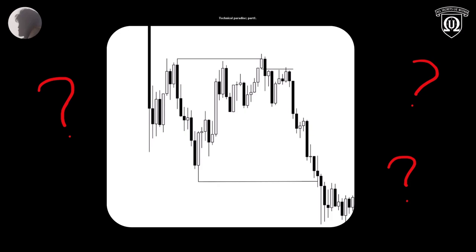But before we go into the details, we have to understand that every single candle you see in front of you, what's a candle? What is a candle? A candle is data. A candle is data of either a lot of buying going on or a lot of selling.